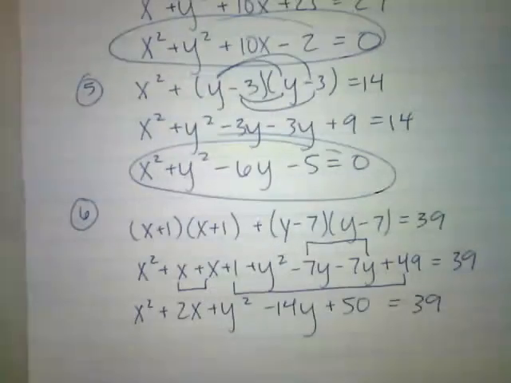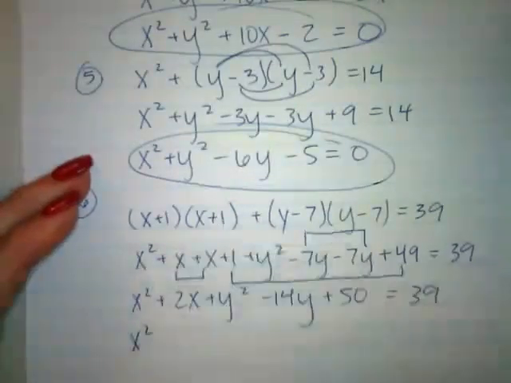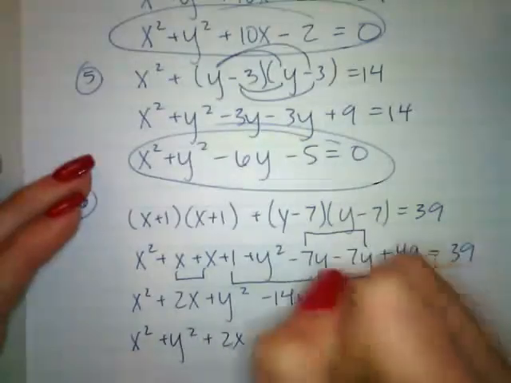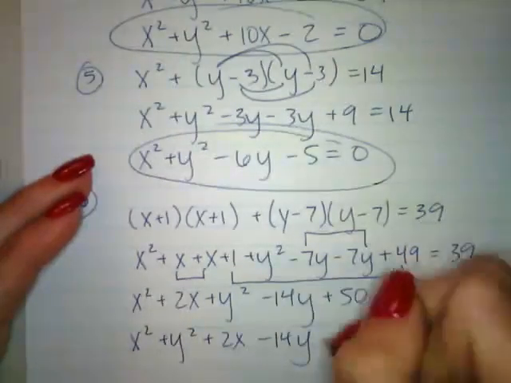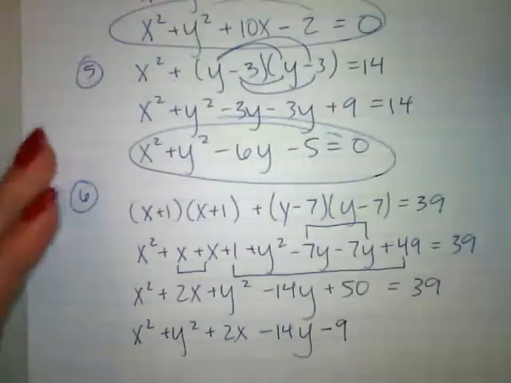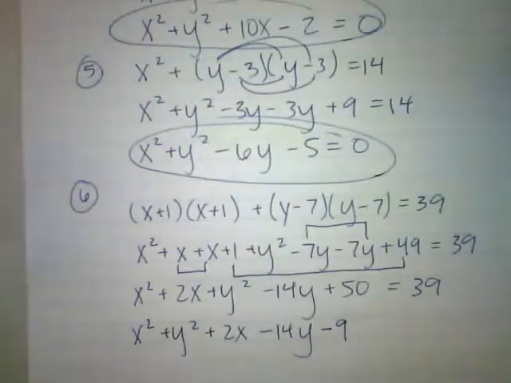Okay, make sure that this is written highest to lowest, alphabetical, and set equal to 0. When you subtract that 39 over, giving us our final answer.